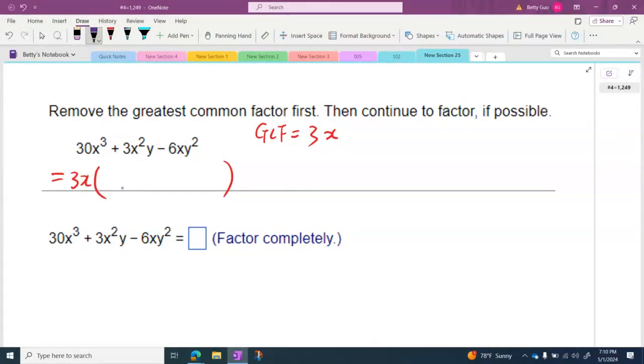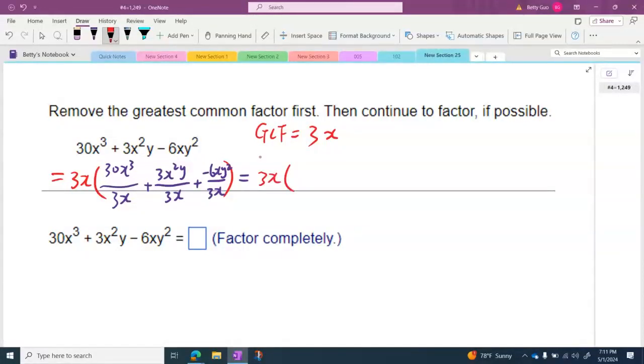In the parentheses, we have 10x squared. Well, let me show you how we figure that out, the method we learned from the class. Term 1 over GCF plus term 2 over GCF plus term 3, which is negative, over GCF. And simplify in the next step.